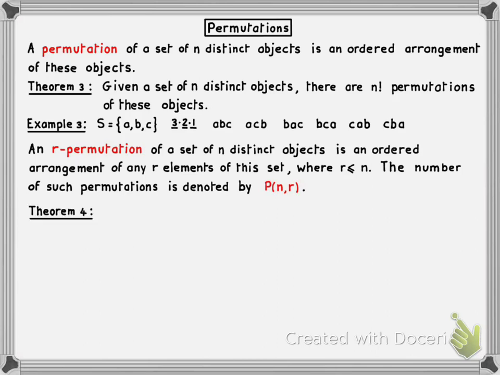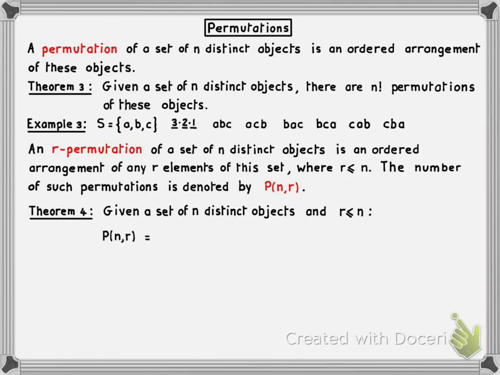So let's consider a theorem that would tell us exactly the value of P(n,r). Let's assume that we have a set of n distinct objects and that we have an integer r that is less than or equal to n. The question is, what is P(n,r)? In other words, how many permutations of r elements chosen among a set of n elements are there?